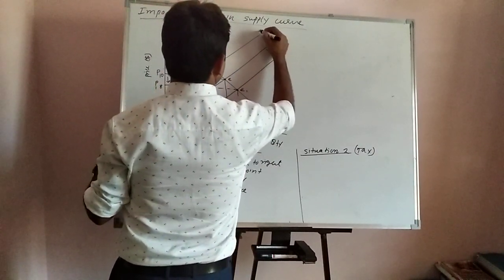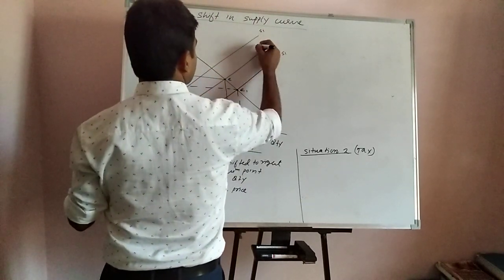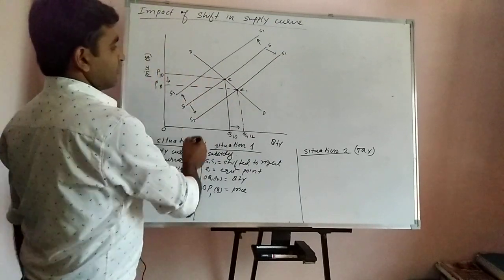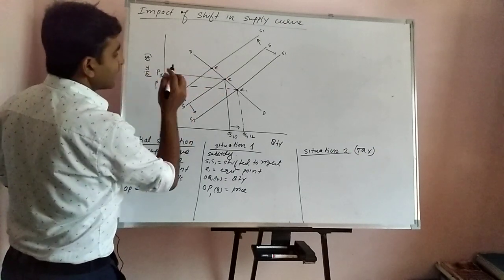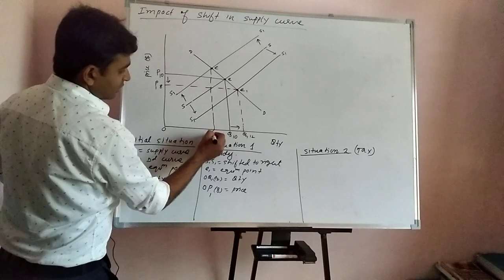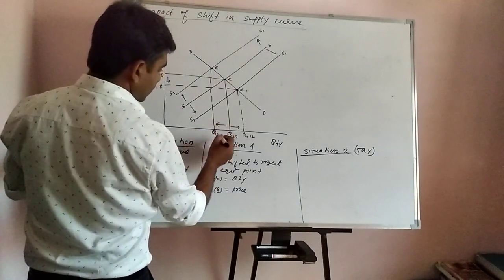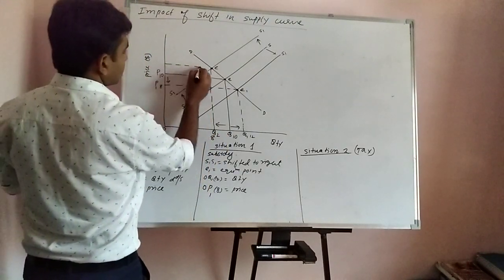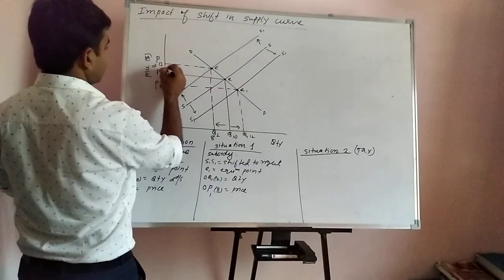This is S1 and S1. Supply shifted to the left. We got a new equilibrium point, and the new equilibrium quantity demanded and supplied is Q2. Quantity has decreased to say 8. And what is the impact on price? The price has increased to P2, say 12.